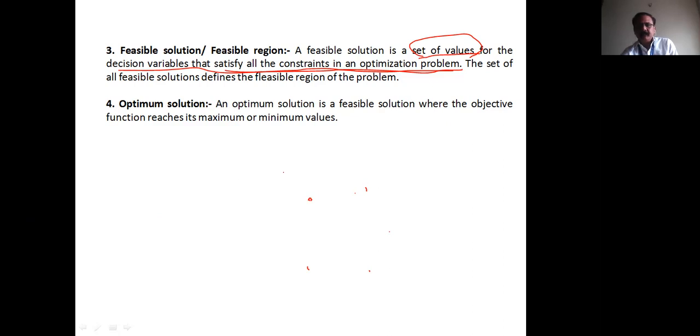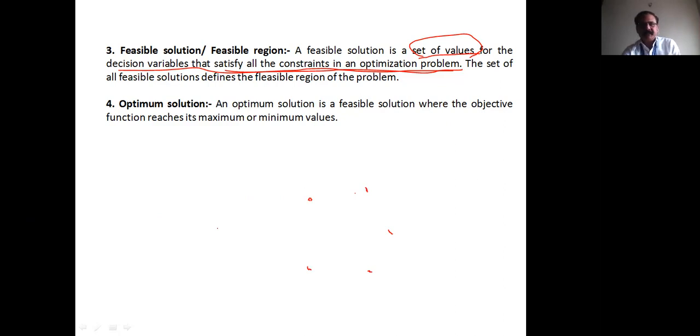This is the first value, this is the second value, this is the third, this is the fourth, and this is the fifth. These are the five possible sets of values, and all these values are called the feasible solution.